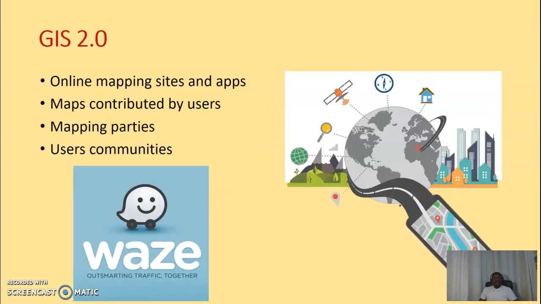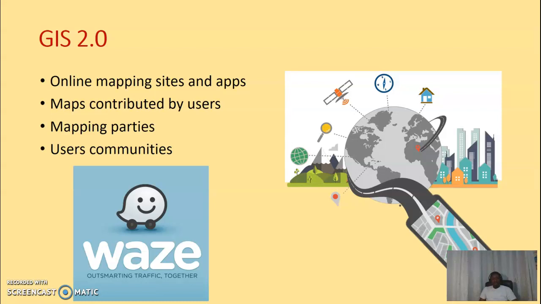We can call this GIS 2.0, because there are now online mapping sites and apps where users can access this information on the go.